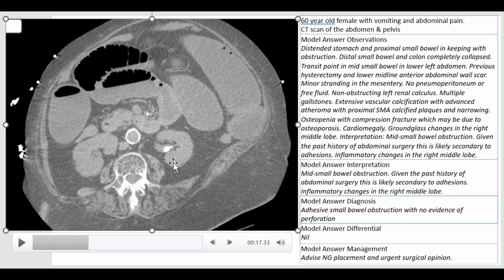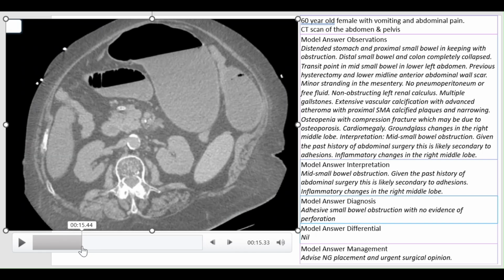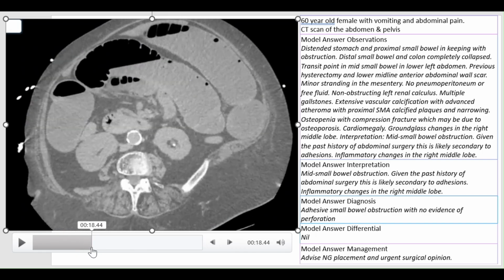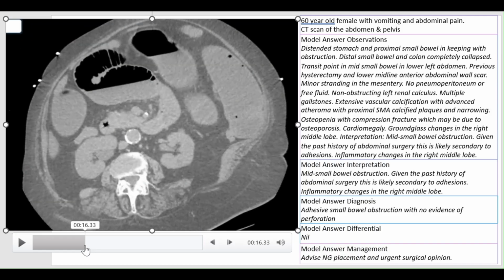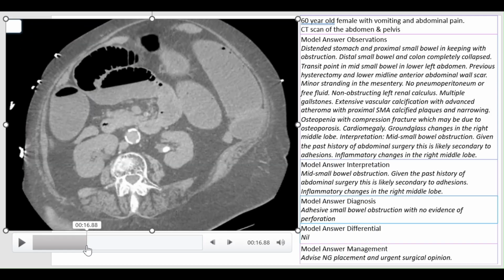This is the left kidney. Can you see this? Left renal calculus. But there is no sign of obstruction or back pressure changes, so this is a non-obstructing left renal calculus.